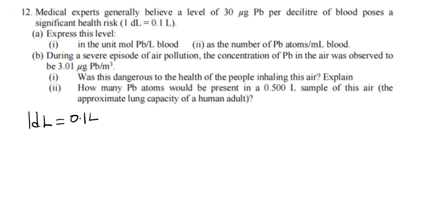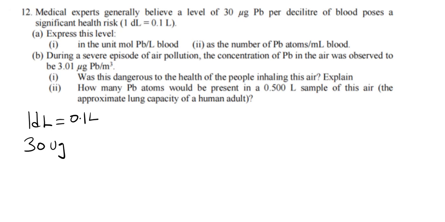Then what do we have? This is 30 micrograms of lead. Now, this 30 micrograms of lead, in terms of micrograms per liter, what is it going to be? What do we do if we want to convert this to per liter?